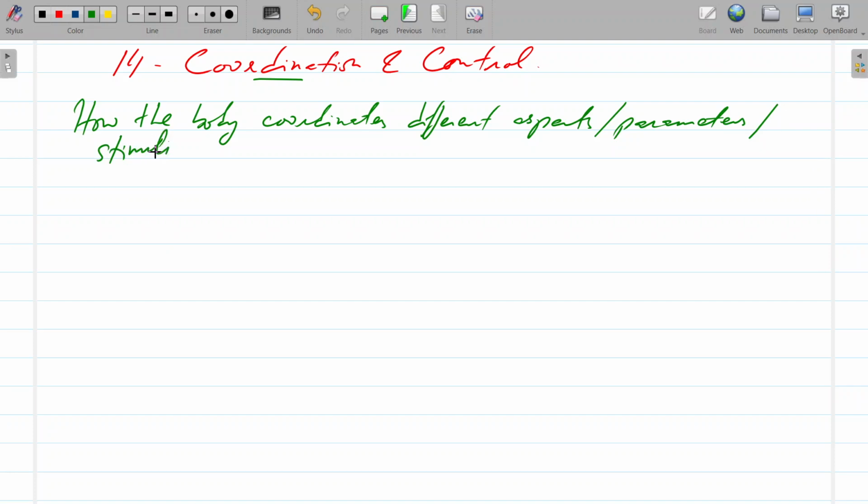A stimulus is something that is sensed and controls the changes that need to be brought about.